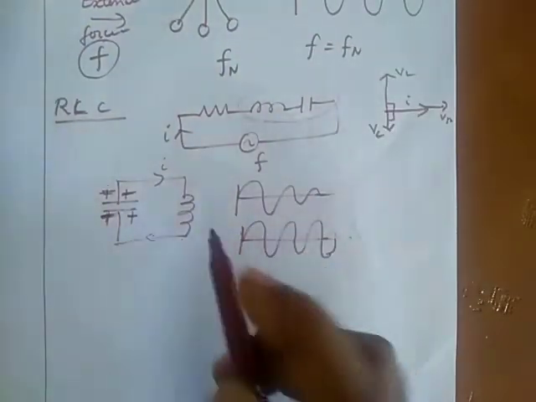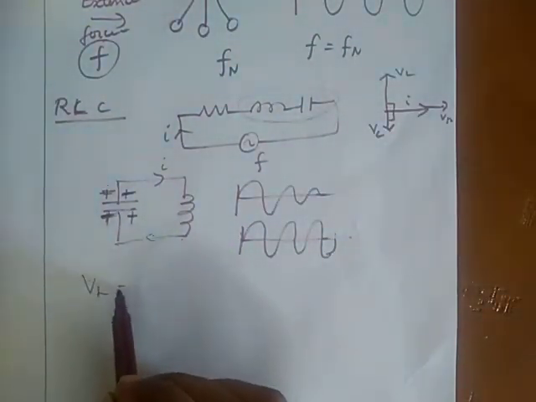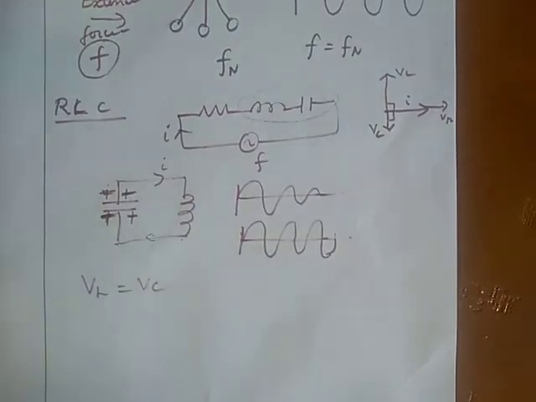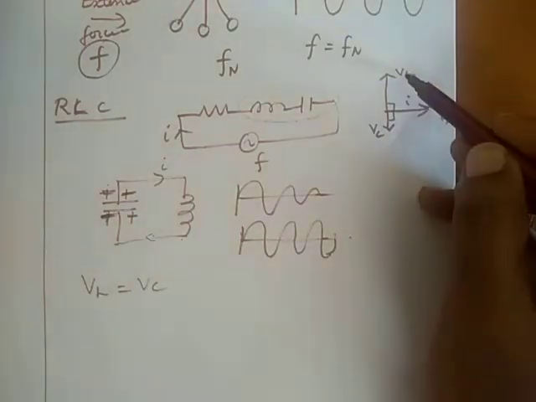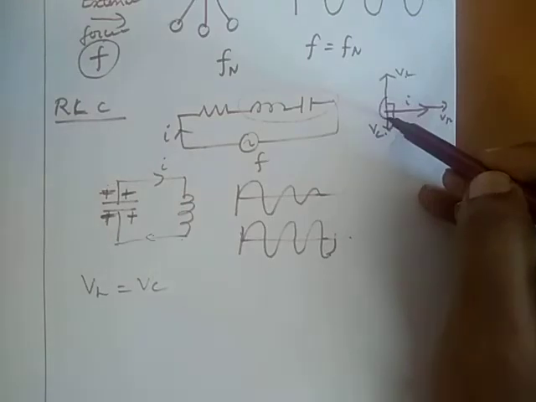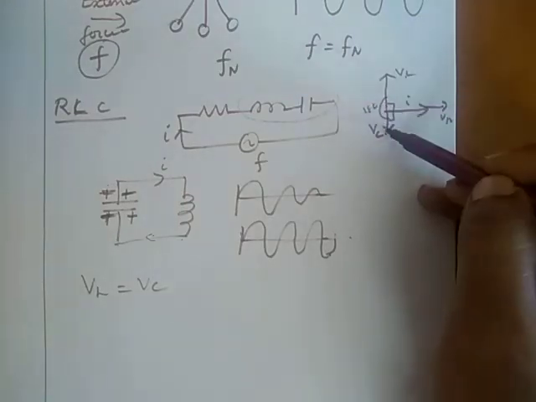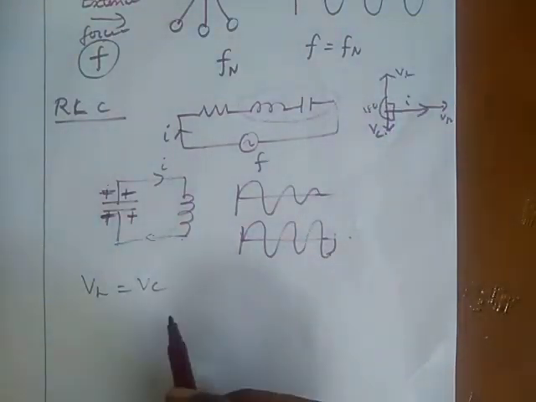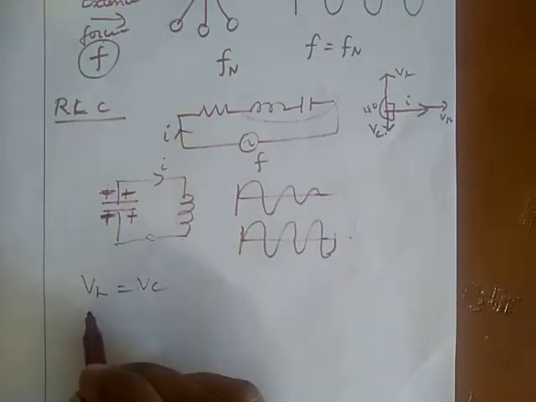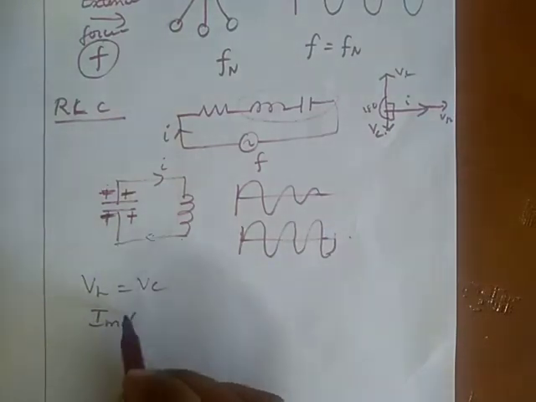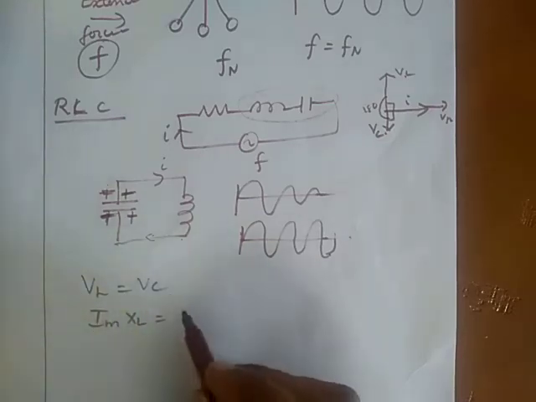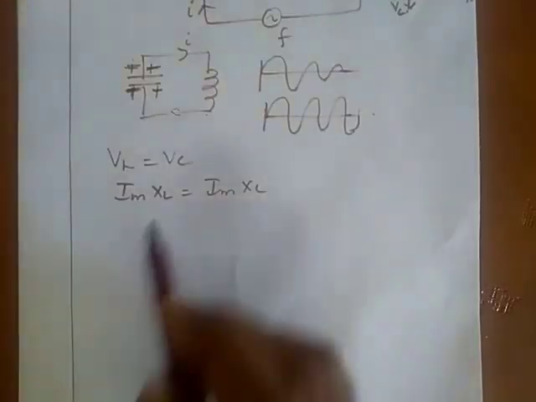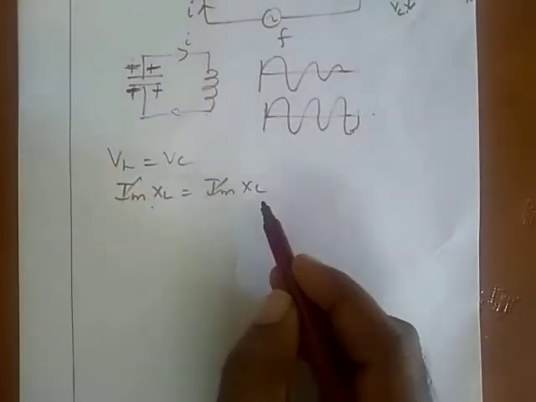At resonance, we know VL is equal to VC. The potential across the inductor is equal to the potential across the capacitor, because VL and VC are inclined at an angle of 180 degrees, they are equal and opposite. We know VL is equal to Im XL, and VC is equal to Im XC. Cancelling, we get XL is equal to XC.